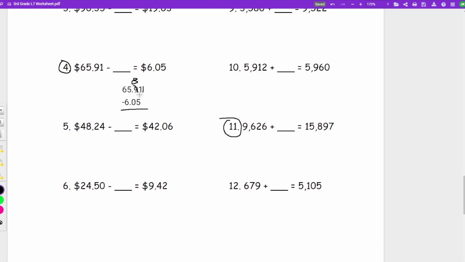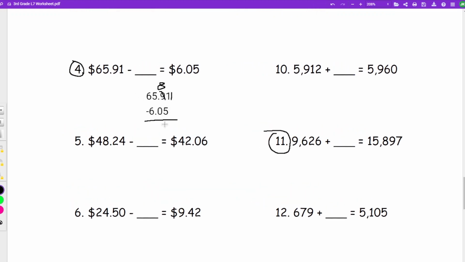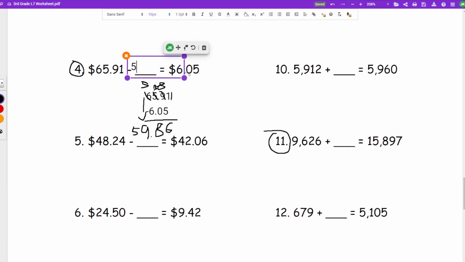This becomes 11. 11 minus 5 is 6. 8 minus 0 is 8. Remember to bring the decimal. And 5 minus 6 can't do that, so this becomes 5. This becomes 15. 15 minus 6 is 9. And we just bring the 5 down, so our answer to number 4 is 59.86. Oops, 0.86 there.